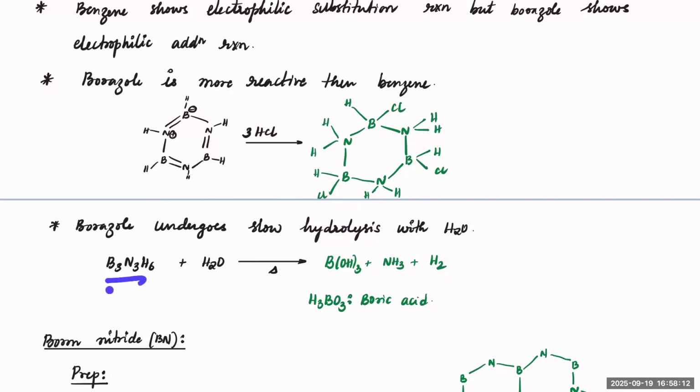So if borazole reacts with water, boron will convert into hydroxide, ammonia will come out, and H2 gas will come out here. B(OH)3 is nothing but boric acid, H3BO3.